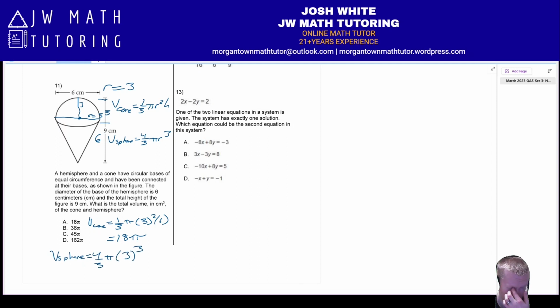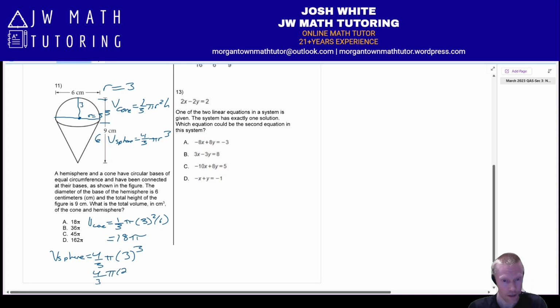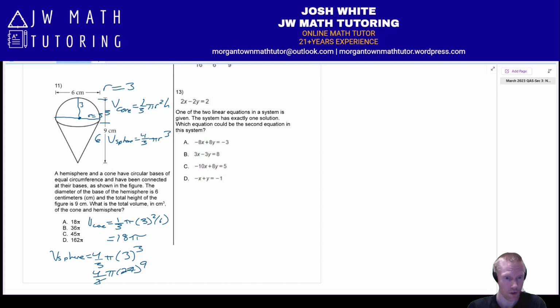Now 3 cubed is 27, and then what I would do is reduce the 3 into 27 first and make it 9, because it's much easier to multiply 9 times 4, which is just 36, rather than doing 4 times 27, which is 108, and then dividing that by 3. So it turns out that the volume of the sphere is 36 pi.